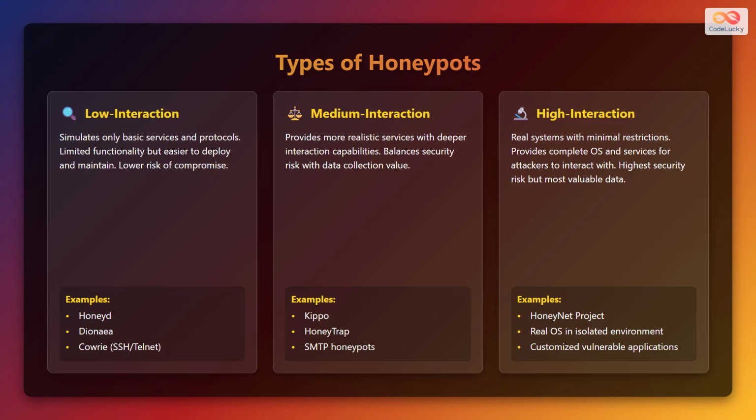They offer complete operating systems and services for attackers to interact with. This comes with the highest security risk but also provides the most valuable data. The Honeynet project and real operating systems in isolated environments are examples of high-interaction honeypots. You can also create customized vulnerable applications to run on these systems.